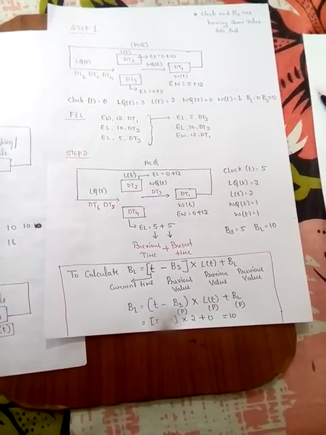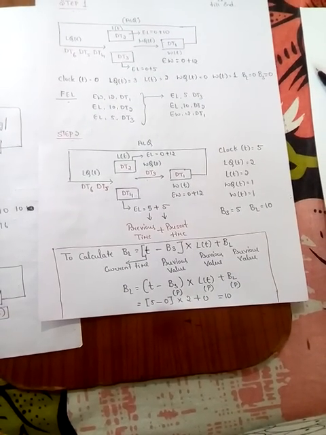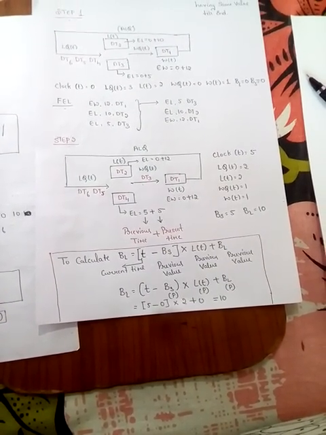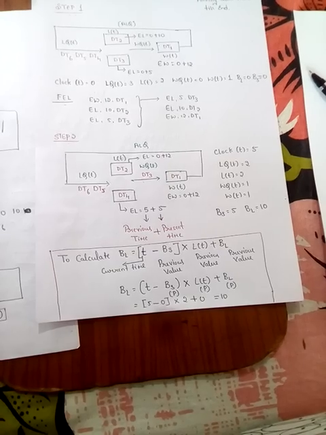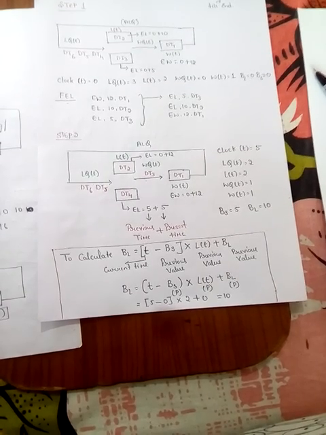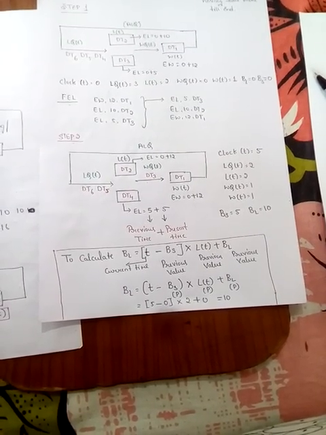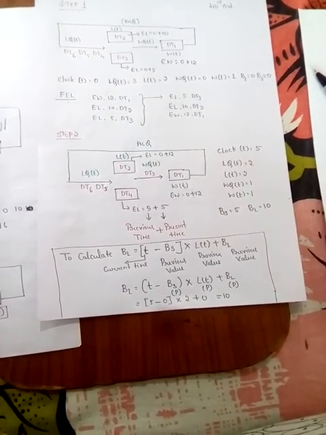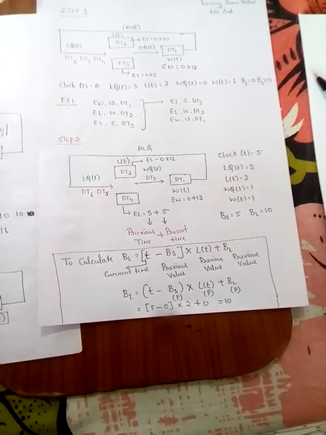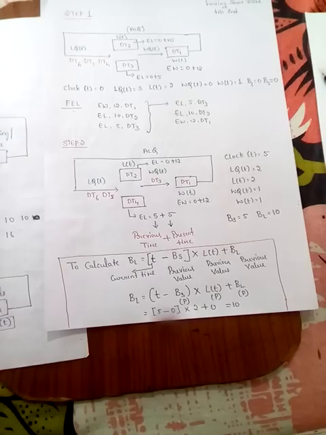So the current time is 5. Then the previous BS value was 0 into L of T. L of T of the previous one was 2, plus BL value was 0, equal to 10. So BL value equal to 10. The step 1 and step 2 processes are completed.